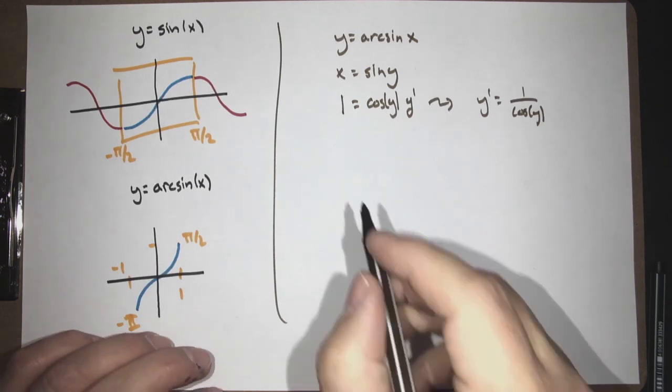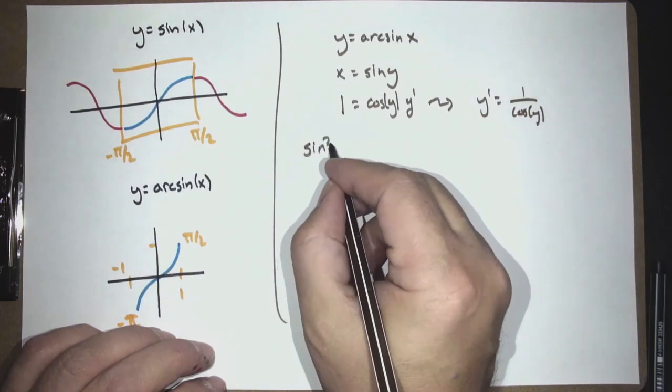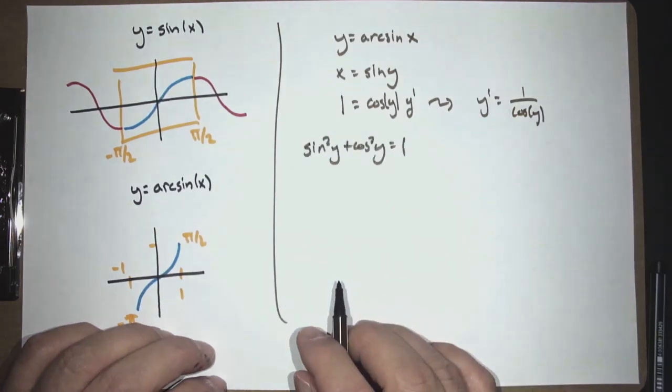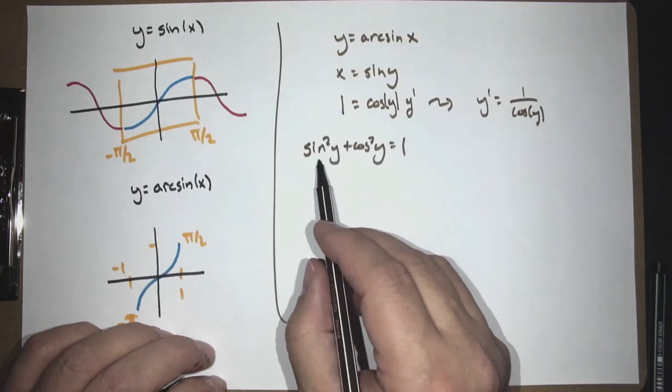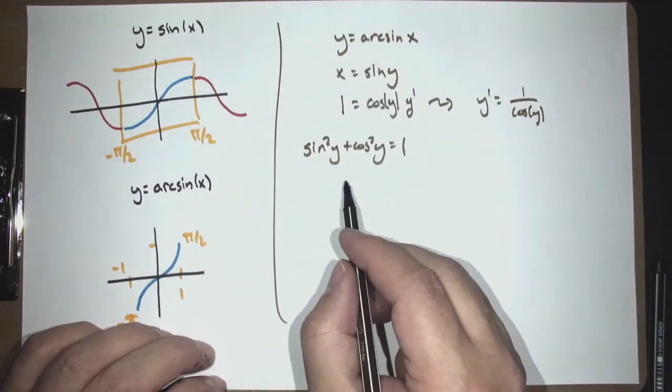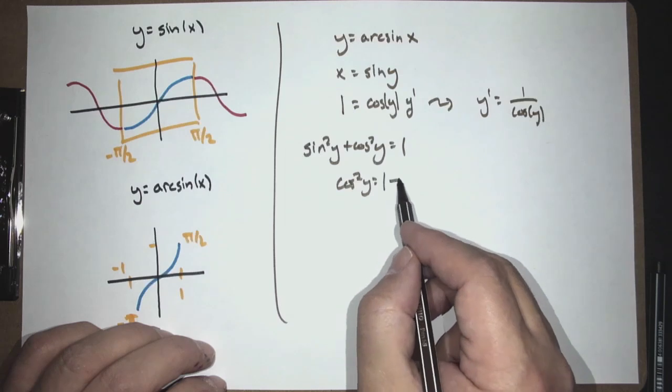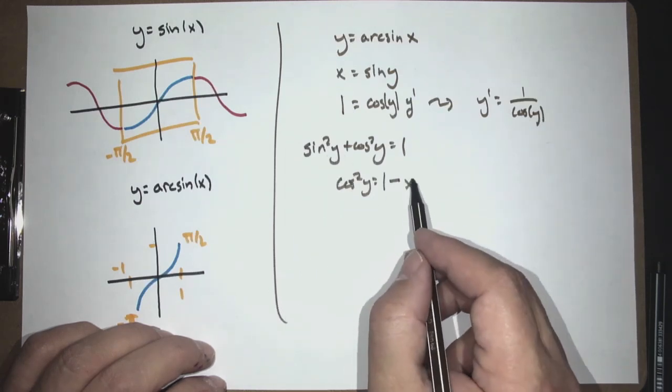Yeah, you know it. Our favorite, sine squared plus cosine squared is 1. So sine squared of y is x squared, so cosine squared y is 1 minus x squared.